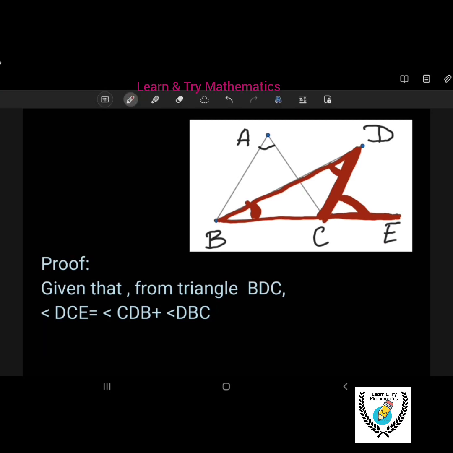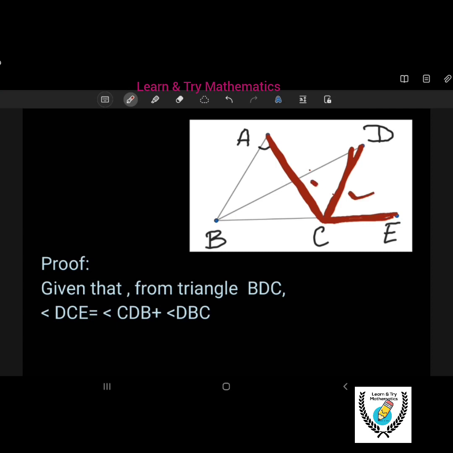Again, from this picture CD is the bisector of angle ACE.